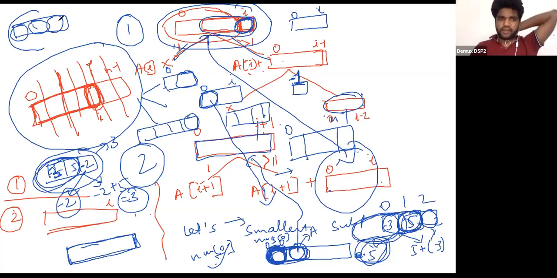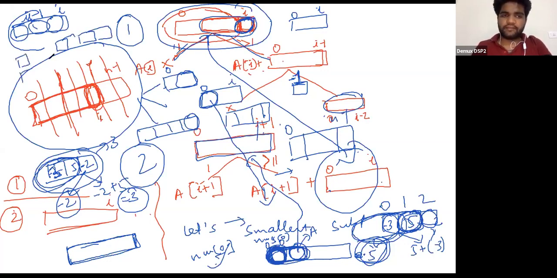So for a given i, what are the values you are using? You are using i minus 1, correct? When I'm going from the smallest to the biggest subproblem, can I keep storing each of them? When I have the smallest subproblem, can I store it at 0? When I have this subproblem, can I store it at 1? And this one at 2?